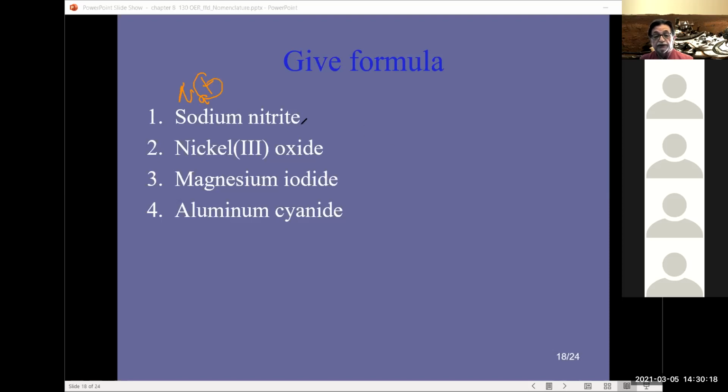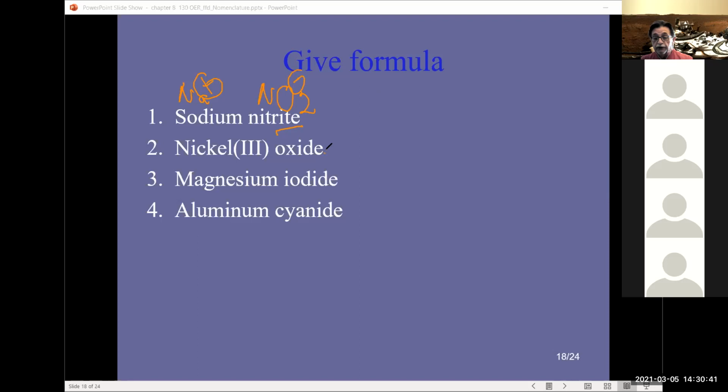Okay. Notice here they talk about nitrite, not nitrate. So that is 2 oxygens, and each one has a -1. And so we got a +1 from the sodium, -1 from the nitrite. We can simply put them together as a 1-to-1.